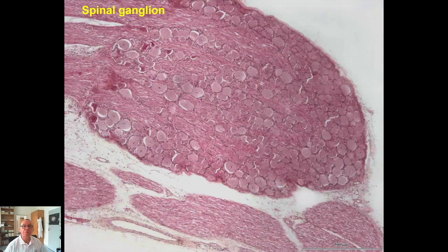This is the picture of the spinal ganglion from our collection, and let's look at its structure. This is a quite small magnification, but we can see even in this small magnification huge, usually circular sections of cells, sometimes displaying a nucleus in the center, sometimes not. It depends on the level of the section.